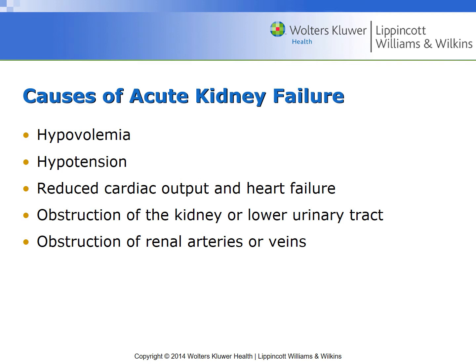Also, heart failure can be an issue. And any kind of obstruction of the kidney, obviously, or of the lower urinary tract area, like tumors, kidney stones, things like that, can definitely cause acute renal failure. And then obstruction of the renal arteries or the renal veins can cause acute renal failure.